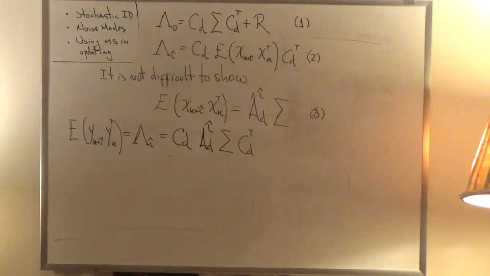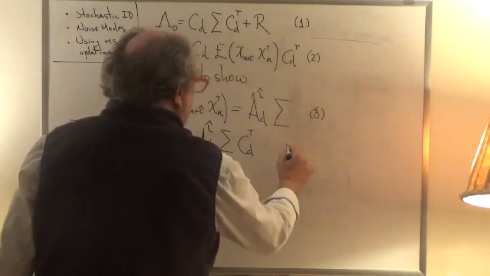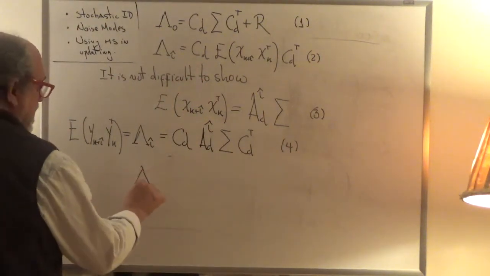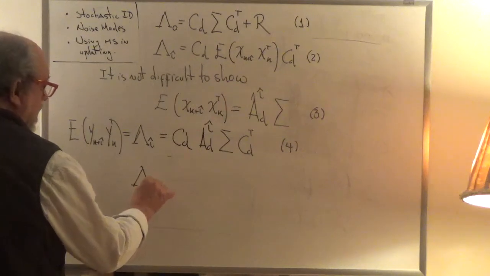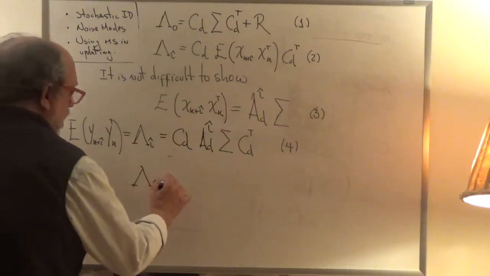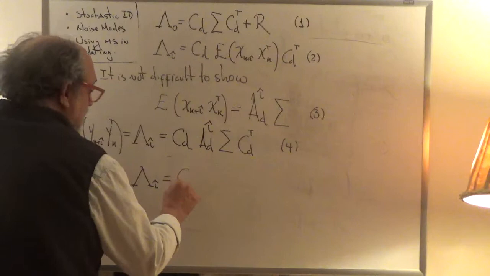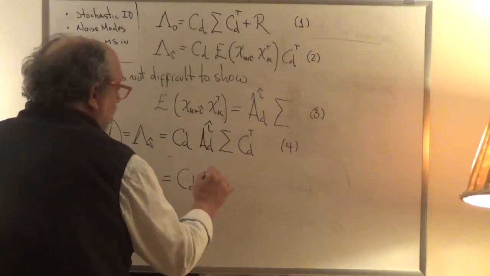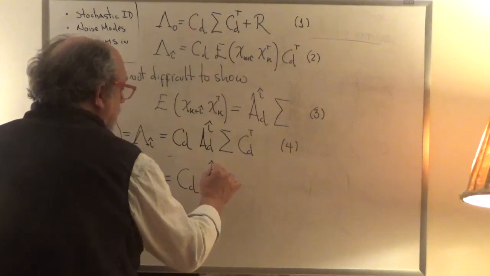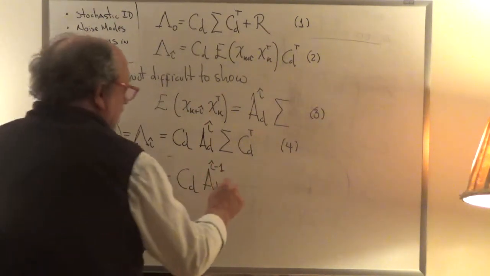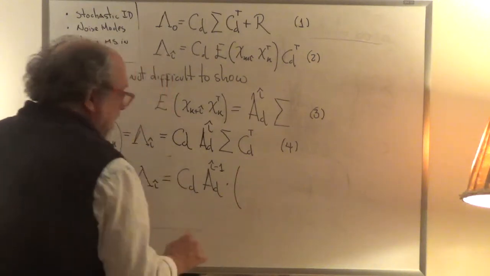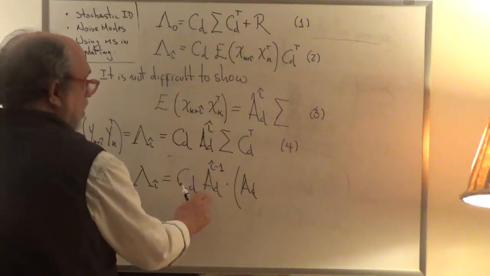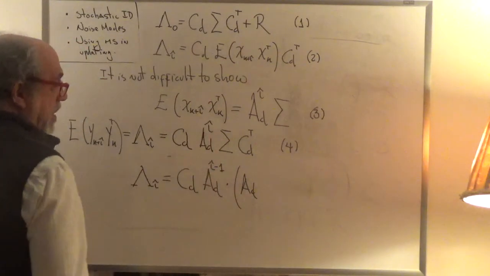So this is starting to look really good, because now we can say the following. We can say that lambda I is equal, and write it like this: CD AD to the I minus 1 times, open a parenthesis, AD, obviously AD to the minus 1 times AD is just AD to the I, right?